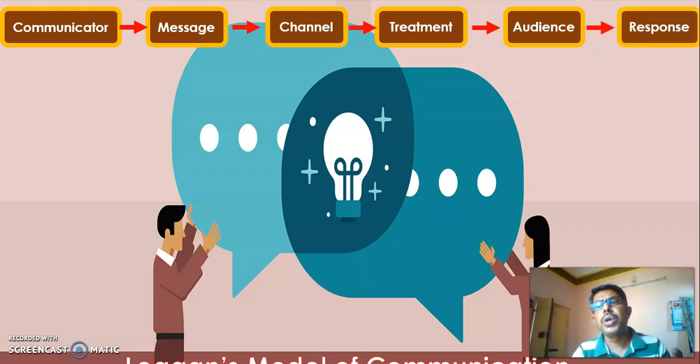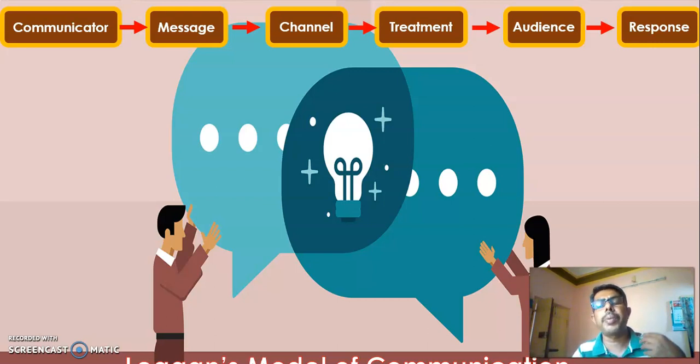Here noise and other things are not involved. So it is a very simple linear model: communicator, message, channel, treatment, audience and response.